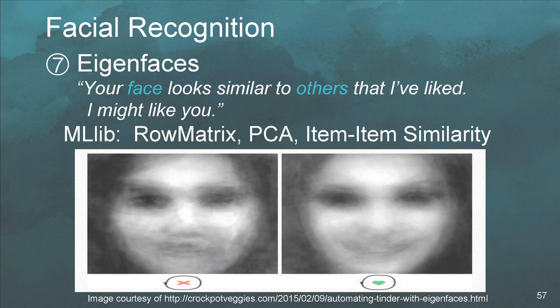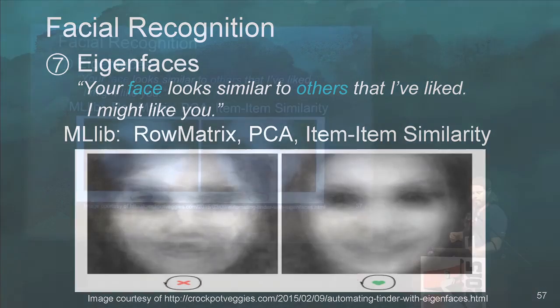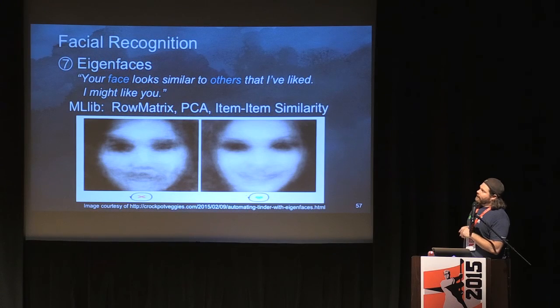Then there was this really good blog post where this guy reverse engineered Tinder. He wrote an app to simulate his actions on Tinder and figured out the protocol. He actually has some code to do this. It's not Spark code, it's not MLlib code. I haven't gotten around to porting it, but for people that you've liked, you sort of average out their faces, like an eigenface.